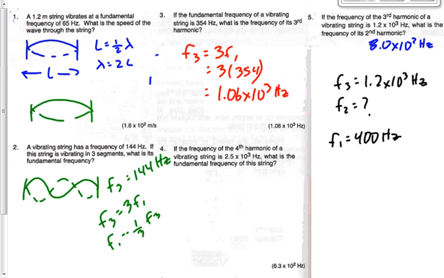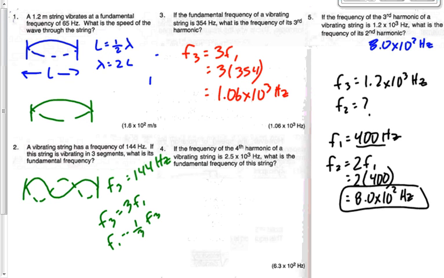Now, we're not asked for the first harmonic, but it's probably the easiest way to find the second. If the first harmonic is 400, then the third harmonic is 1200. We were given 1200, we can determine 400. Now the second harmonic is going to be twice the first harmonic. So it's going to be 2 times the value of 400, which is 800 hertz.